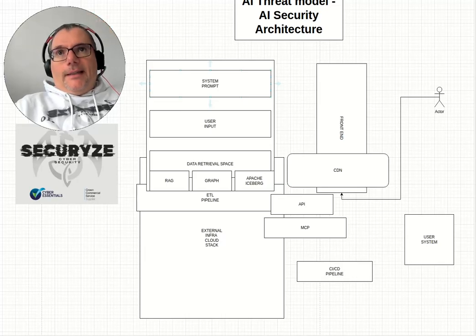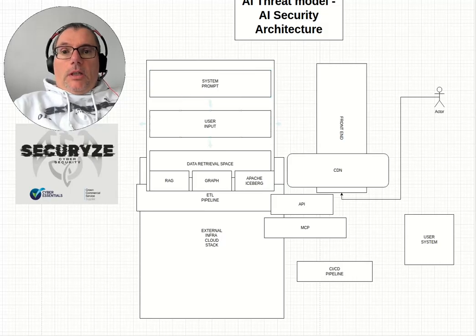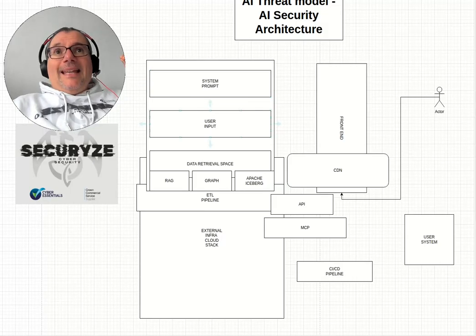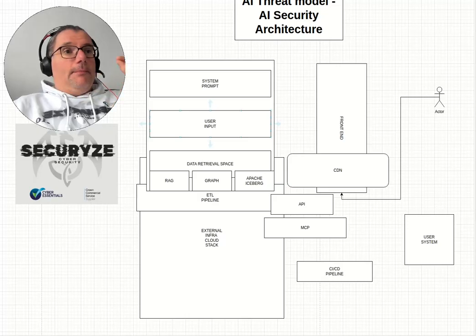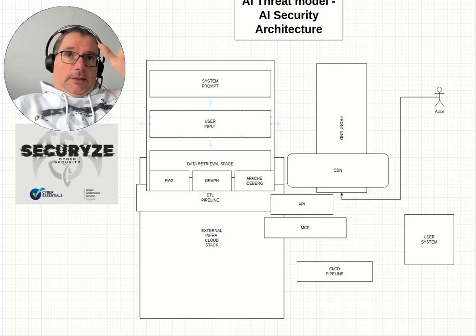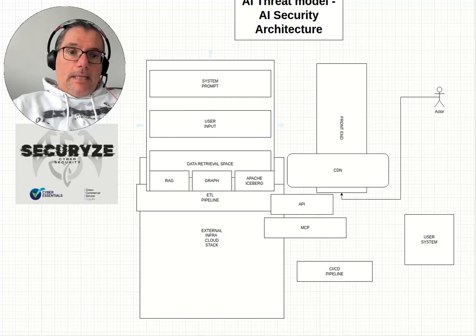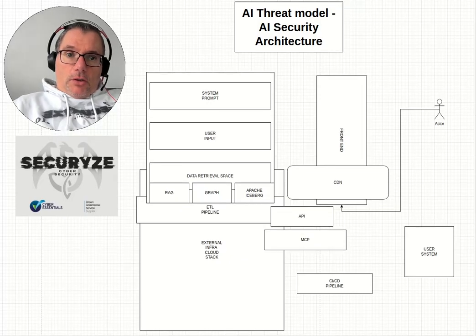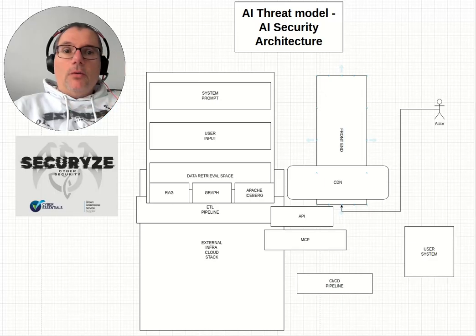That type of attack happens in the system prompt. If you have a direct prompt injection, it happens at user input. It can be about the encoding, the tokenization of the raw input. This one is the overall picture of how all this stuff is connected.